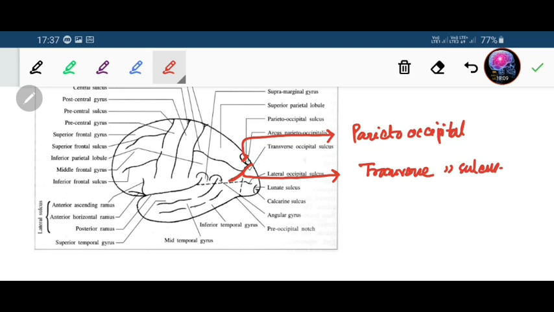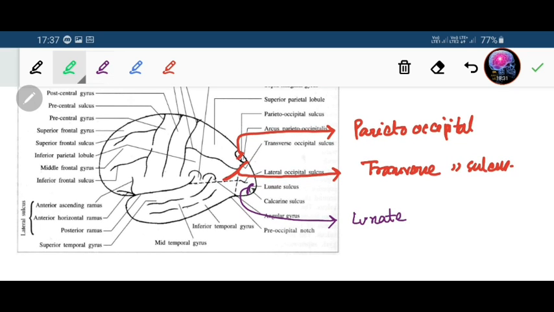Running downward into the uppermost part of the occipital lobe from the supromedial border. Here is the lunate sulcus. Lunate sulcus, and the lateral occipital sulcus is over here.